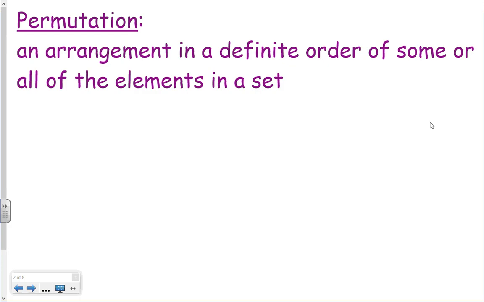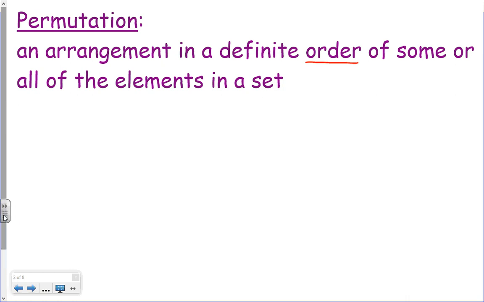All right, so let's start off by talking about what exactly a permutation is. A permutation is an arrangement in a definite order of some or all of the elements in a set. And that's the key: when we talk about a permutation, there is an order to this.